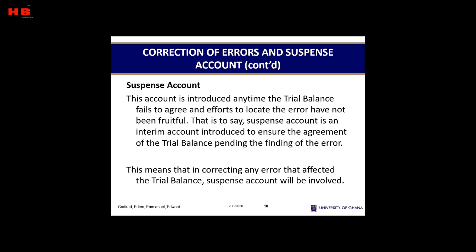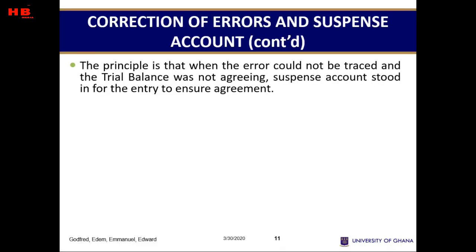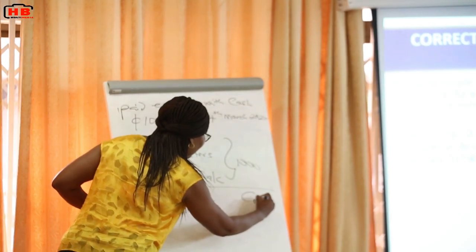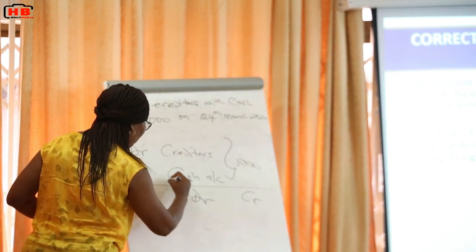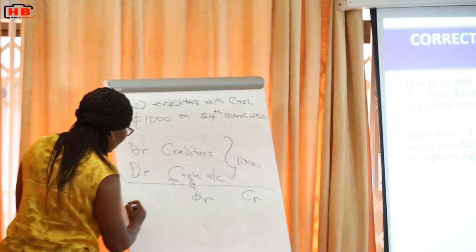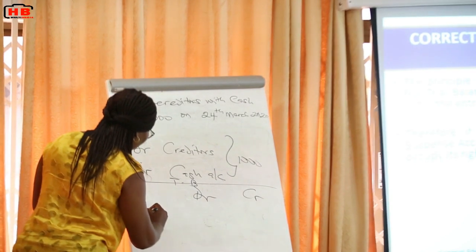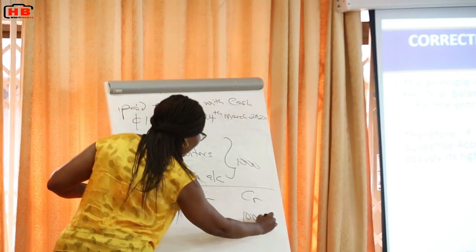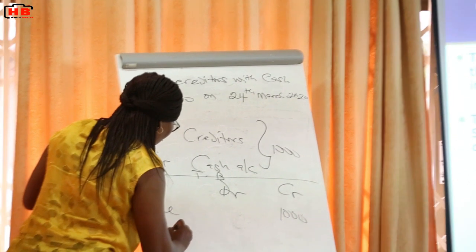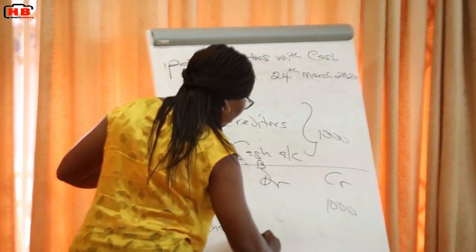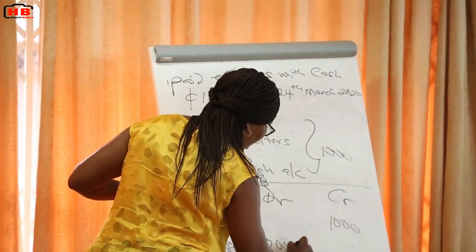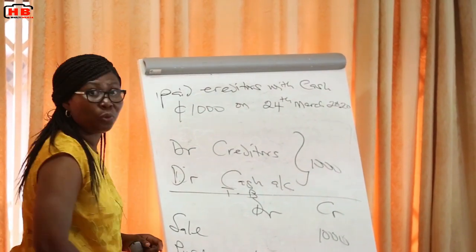Now the principle is that where the error cannot be traced and the trial balance is not agreeing, the suspense account will stand in. Assuming we have our debits and credits, a typical example of a trial balance, and we have sales of 1,000 cedis here, purchases, which would always be a debit, maybe 2,000, and on and on we go.